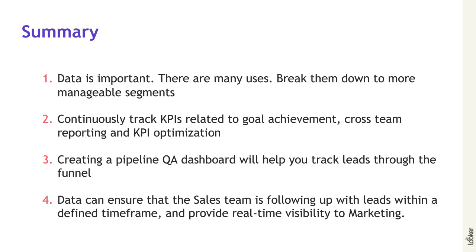Creating that QA dashboard, really, data, as I said earlier, data fails silently, and so being able to keep tabs on that will help you track the leads through the funnel. And finally, that data can really ensure that your sales team is following up with leads and also can just generally improve that relationship between sales and marketing to open those communication lines and have the real-time visibility into everything that's going on.